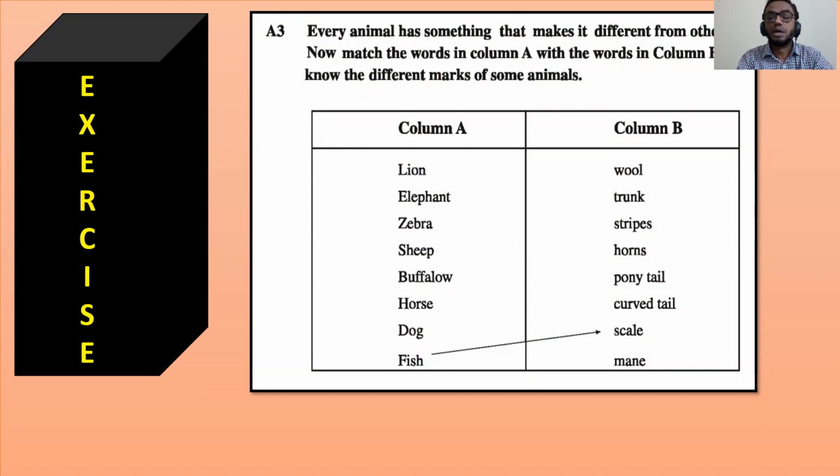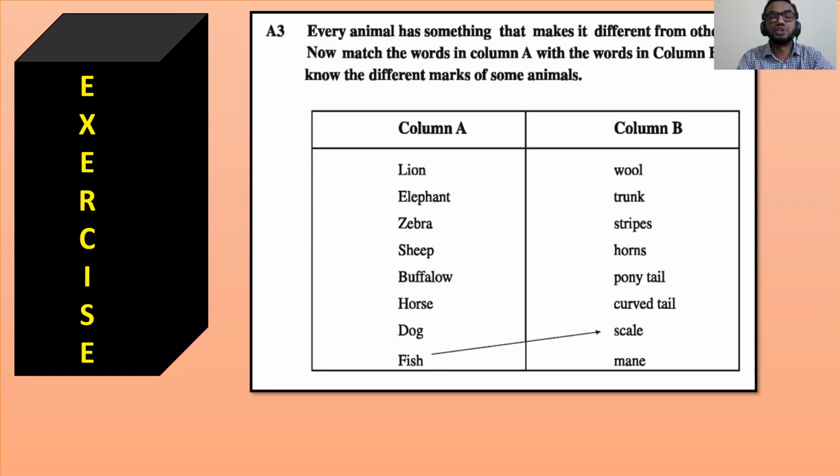Okay, you should draw a line like this, fish to scale, and you can match column A with column B. That means the name of the animals with the symbols or the marks of some animals.